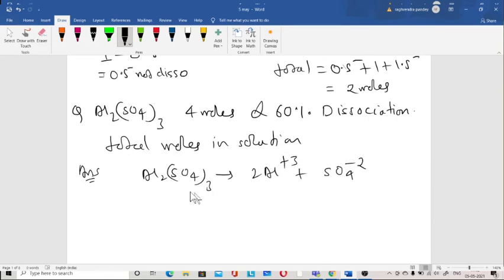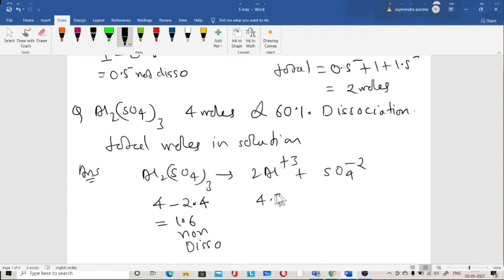So 4 moles are there, 60% dissociation. So how many are dissociating? That is 2.4. Out of 4, 2.4 are dissociating, and 1.6 are not dissociating. They are non-dissociating moles, they will remain as such. Now 1 gives 2, so 2.4 gives 4.8.